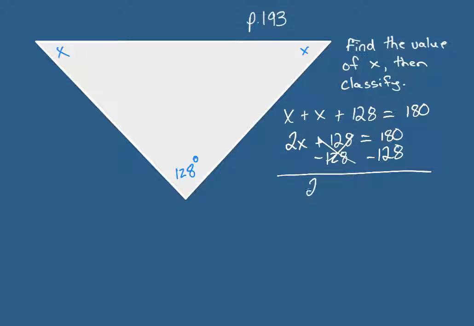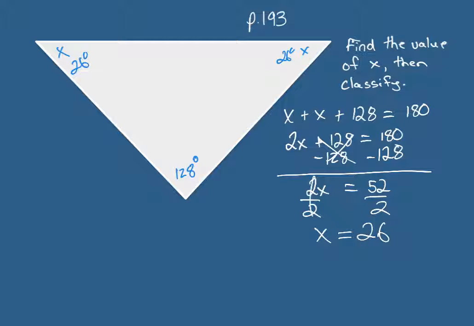That just leaves me with 2x on the left, and on the right that's going to leave me with 52. And then all I have to do to finish solving is divide by 2, divide by 2. This cancels out, and I get x is equal to 26. So that means that this angle is 26 degrees, and this angle is also 26 degrees.